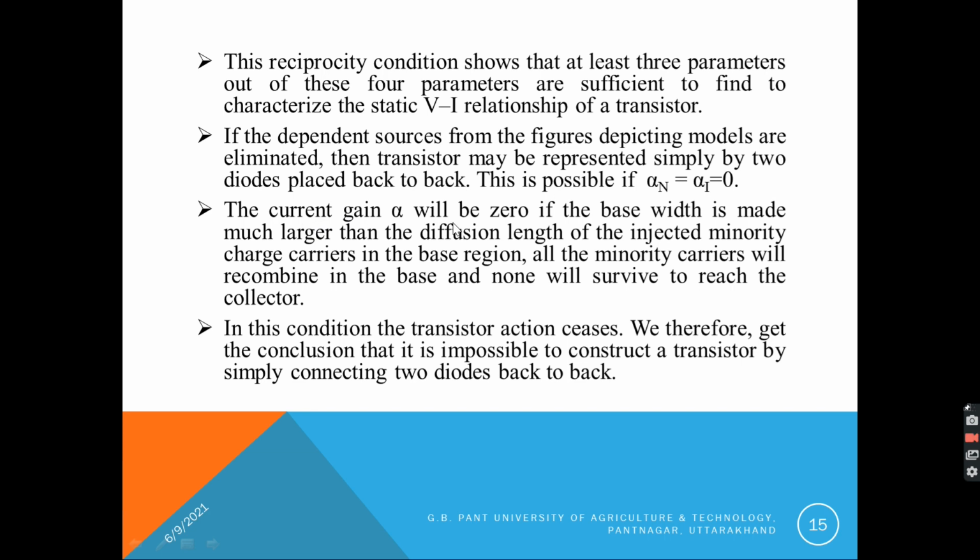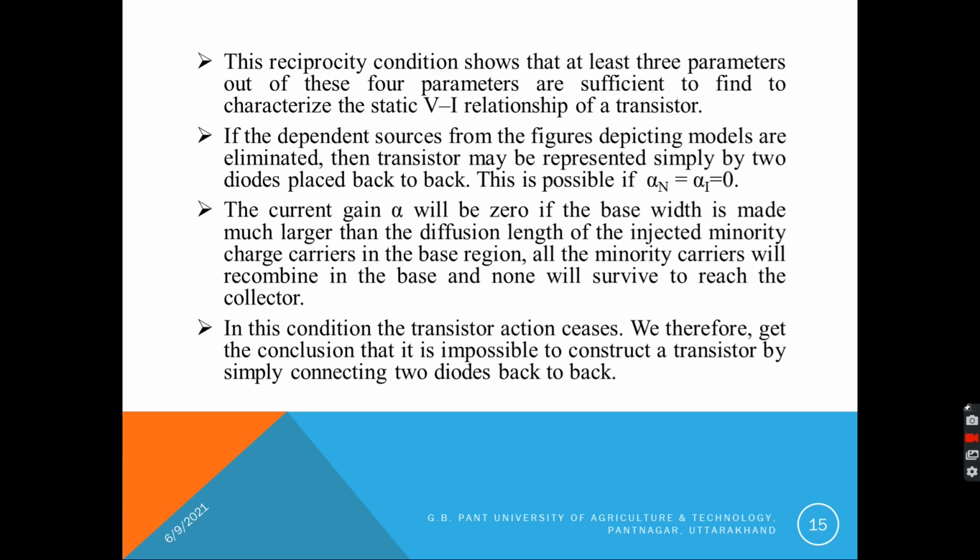The current gain alpha will be 0 if the base width is made much larger than the diffusion length of the injected minority charge carriers in the base region. All the minority carriers in that case will recombine in the base and none will survive to reach the collector.